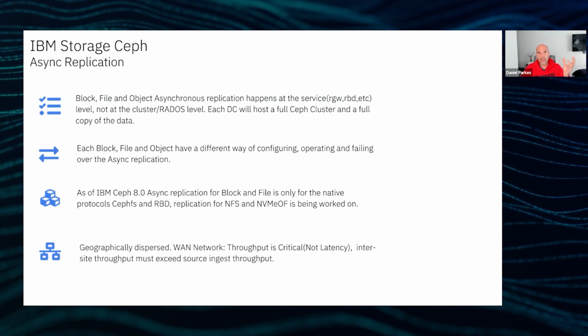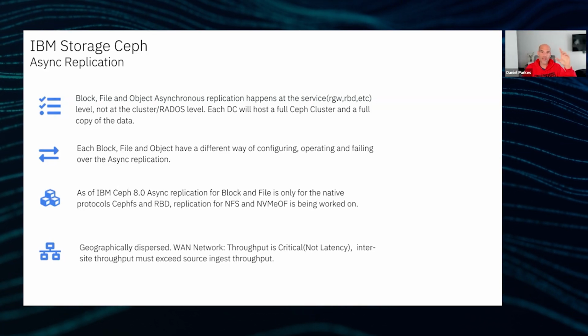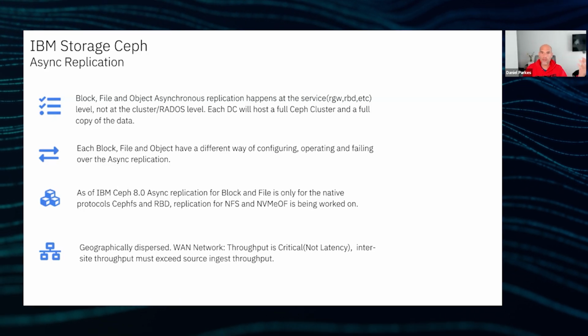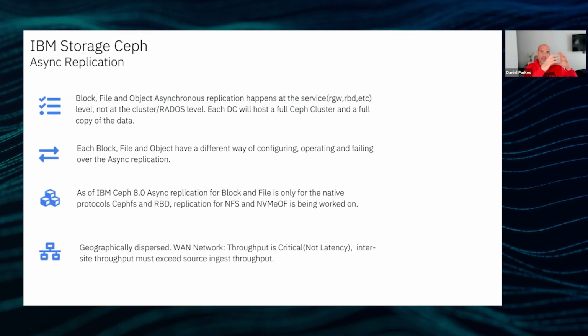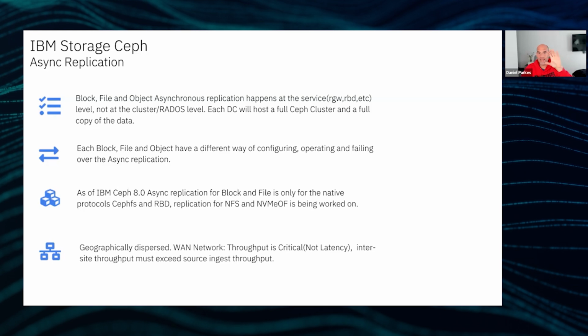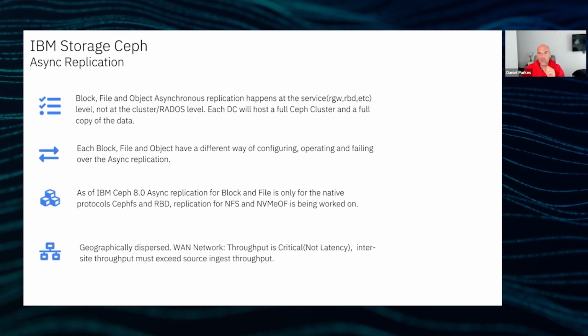The other thing that I wanted to mention here that is a little bit specific to Ceph is that the asynchronous replication is done at the service or daemon level. So just as an example, if you want to do asynchronous replication of object storage in Ceph, then the configuration for that object storage replication is going to happen in the daemon, in RGW, as we call it, the Rados gateway, or the object gateway, if you want to call it.